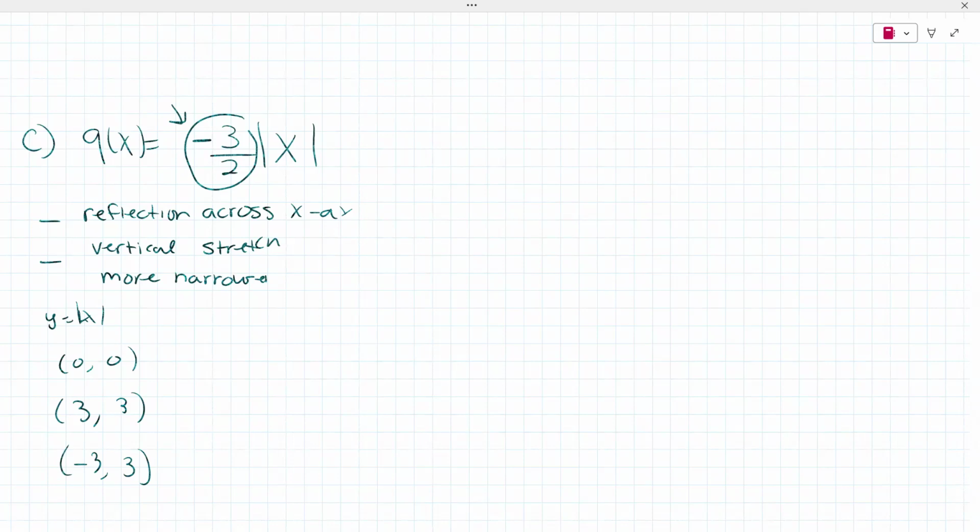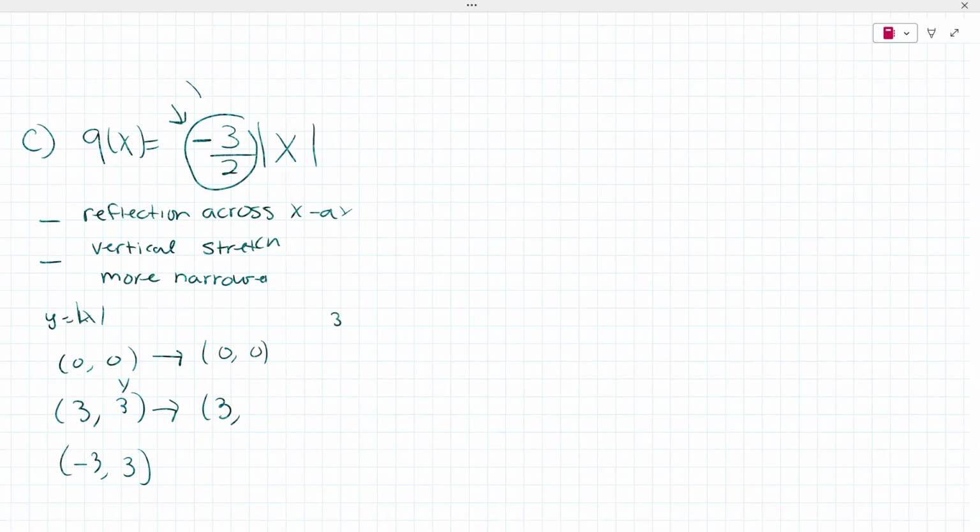Okay, then what you could do is if you have a number right near the absolute value, you basically multiply the y coordinate by that value. So 0, 0 will now be 0, 0. 3, comma 3 will be 3, and then you multiply the y coordinate by -3/2.